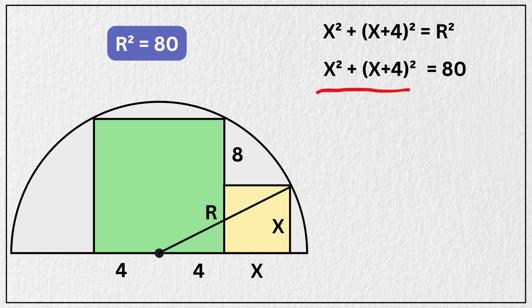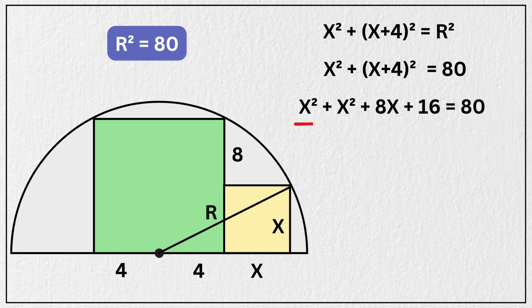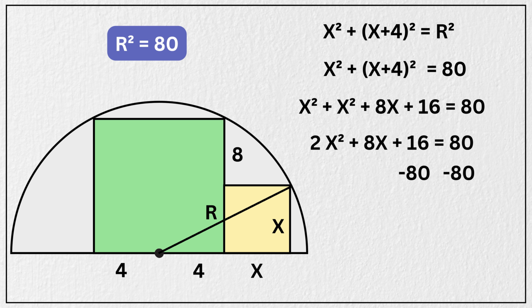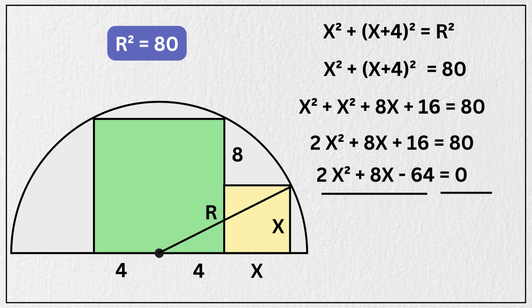Now expanding the squared term, we get x squared plus 8x plus 16 equals 80. Combining like terms, we get 2x squared plus 8x plus 16 equals 80. Now subtracting 80 from both sides, we have 2x squared plus 8x minus 64 equals 0. Now again dividing the entire equation by 2, we get x squared plus 4x minus 32 equals 0.